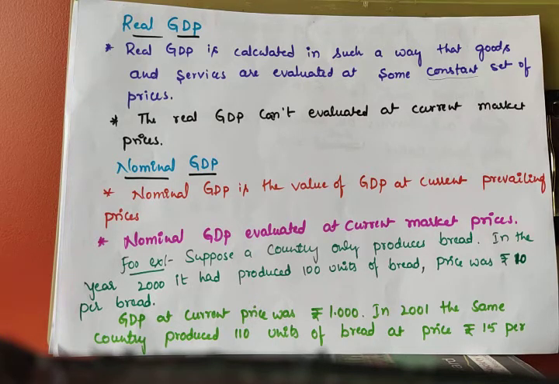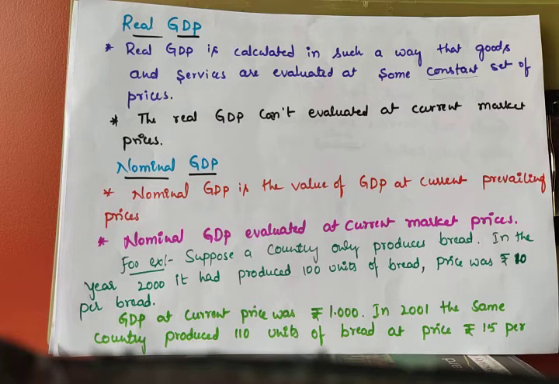In order to compare the GDP, we have to calculate through the real GDP only. Here the prices remain fixed, no changes. If the real GDP changes, we can be sure that it is the volume of production that is undergoing the changes.